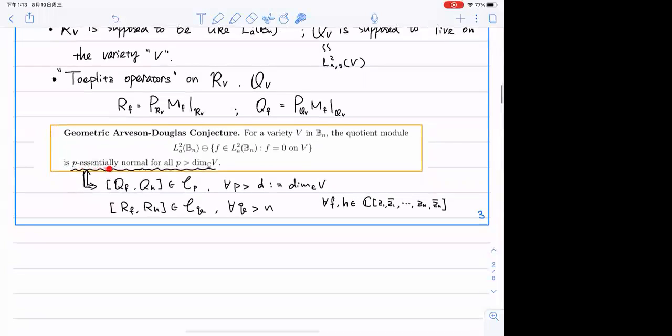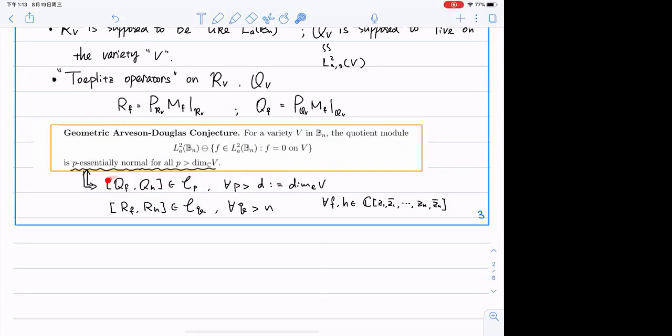P-essentially normal essentially means that if you consider these polynomial symbols, then these generalized Toeplitz operators should commute up to an error in the Schatten p class, where p is greater than this dimension.